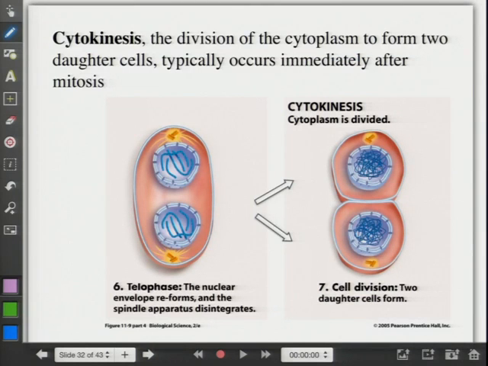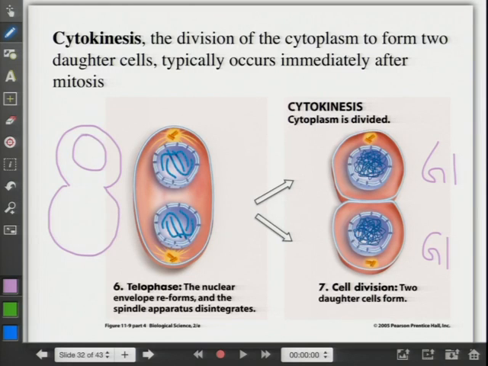We actually have two functional cells at the end. With a full nuclear envelope, we're back to spaghetti, we'd be back to G1 or G0. And again, it's a transition, so in some books they draw telophase like in animal cells, the membrane kind of pinches.